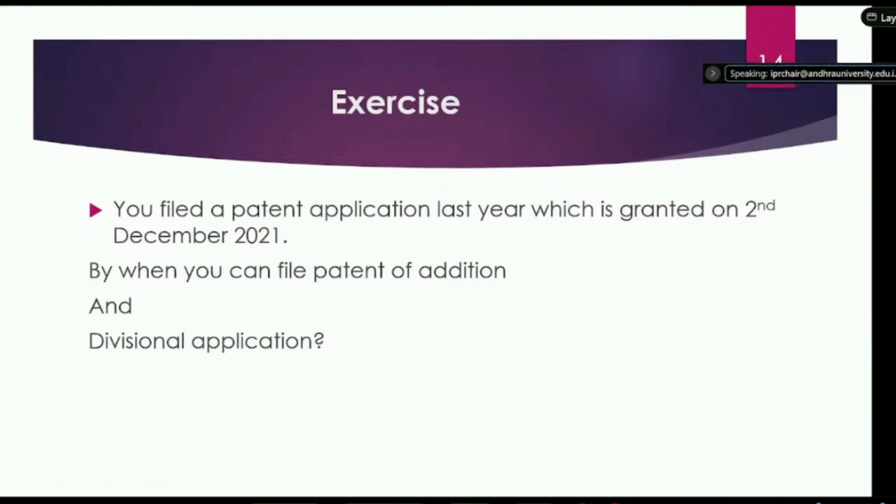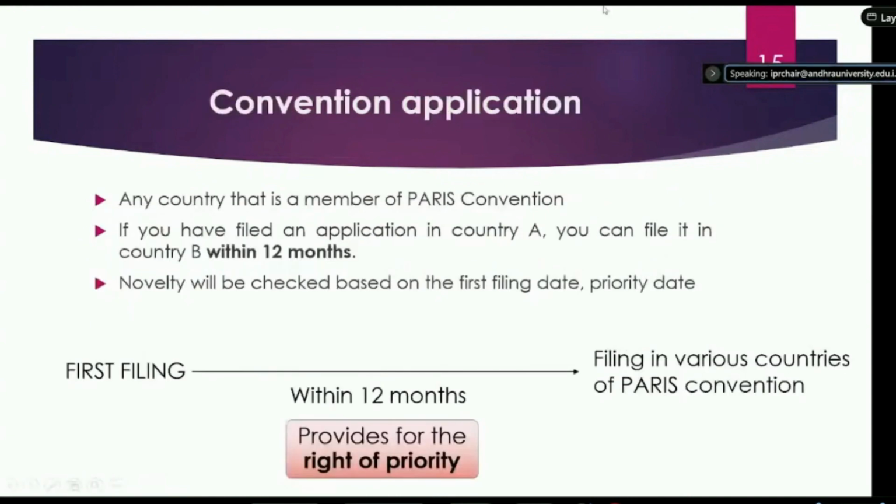However, you will file your patent of addition when you have some improvement or modification in your invention, and a divisional application is generally filed when you have multiplicity of inventive step. That may sound odd. That means you have multiple inventions in your application. But this is just a question to analyze whether you have understood or not. So this situation will not come.